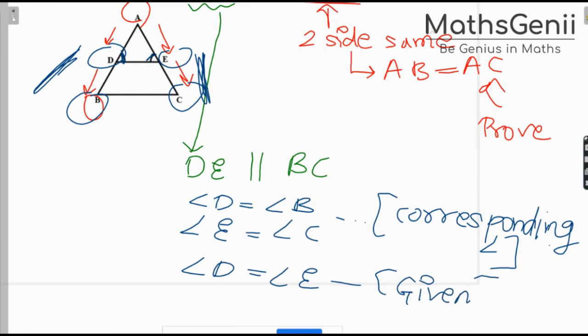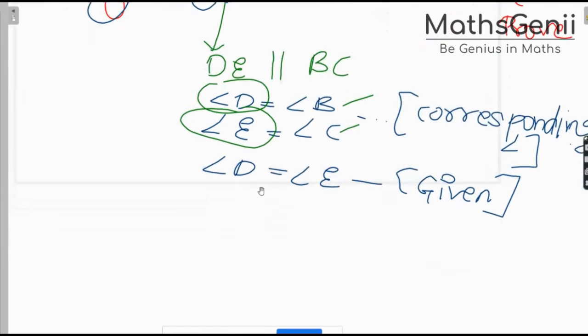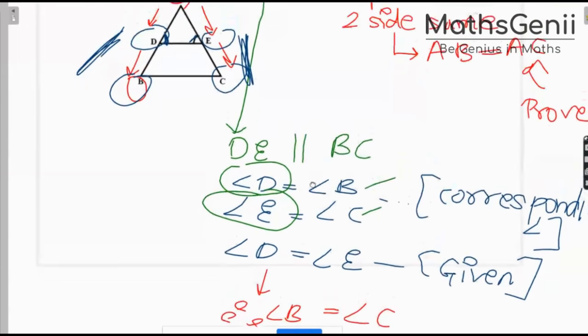Now what I can say, students, from this, if D is equal to E, can I say B is equal to C? Of course I can say that. If D is equal to E, so instead of D I am writing here B, and instead of E I am writing C. So B and C are also equal.